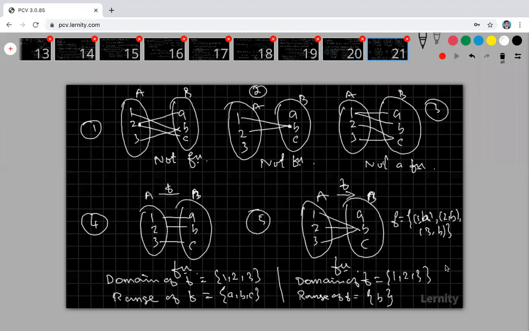So therefore, this is my range of the function. One interesting thing we have to note here. I will give one more example and explain that.